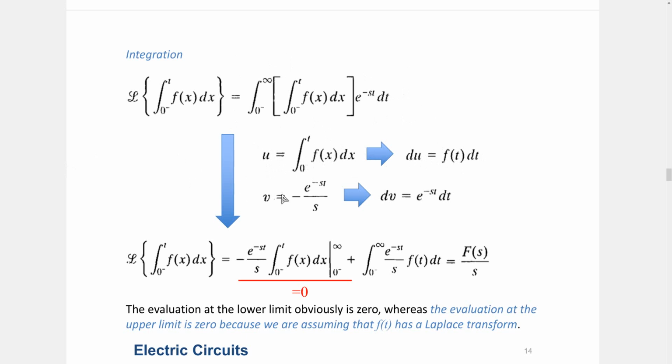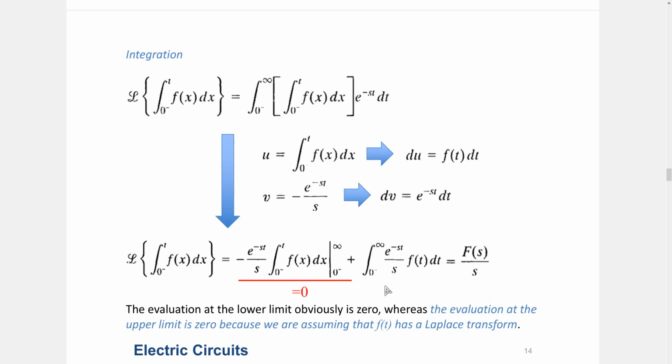And if I define v as minus e to the minus st over s, I can also compute dv as e to the minus st dt. And I can rewrite this as e to the minus st over s times the integral from 0 to t of f(x)dx, defined in the boundaries from 0 minus to infinity, plus the integral from 0 to infinity of e to the minus st over s times f(t)dt.